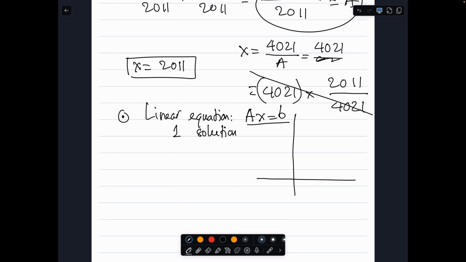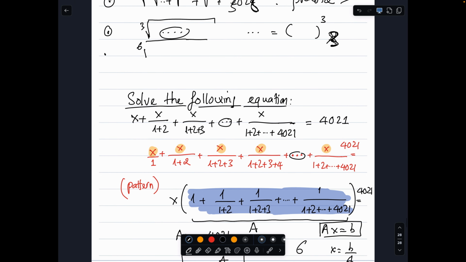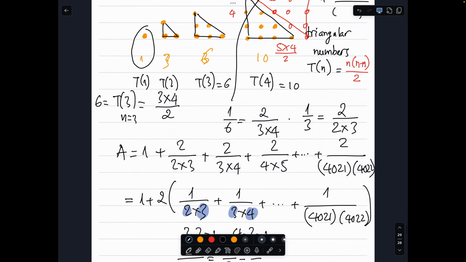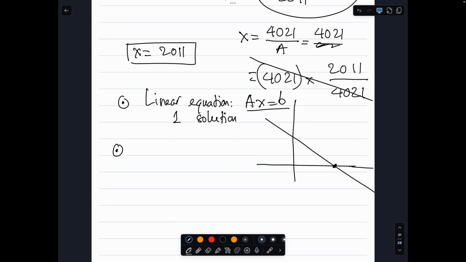Because I can draw this line. This is a line, right? You learn from René Descartes. This line intersects the x-axis at only one point, so it has one solution. They wanted your life to be challenged. That's why the coefficient a here is very complicated.